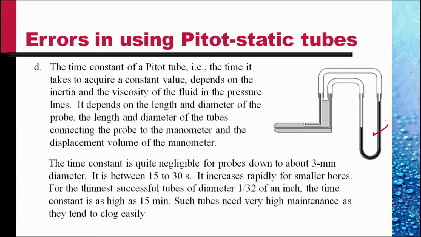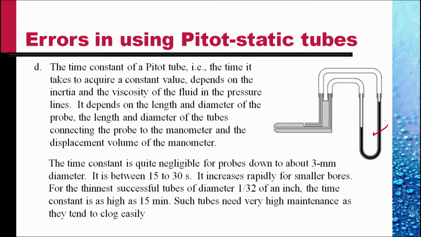The time constant is quite negligible for probes down to about 3 millimeter diameters. It is between 15 to 30 seconds. It really is not negligible. So you'll have to wait for about 15 to 30 seconds before you take the reading.